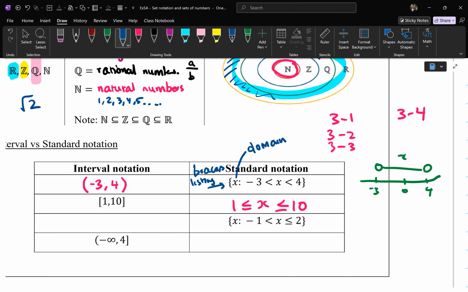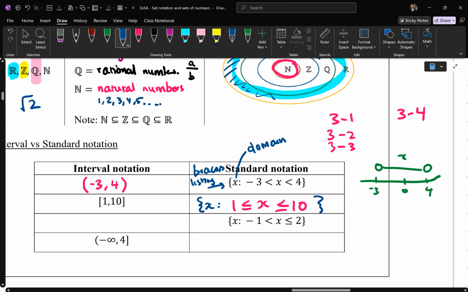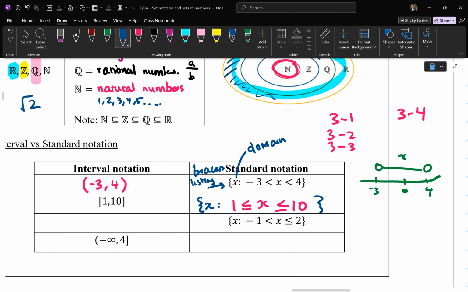That's for the next exercise, 5B. Domain represents all the possible x numbers that you can work with, and then range is all the y values you can work with. All right? So here, if you know this is just the x values, then you would say x colon. You're saying, I'm listing all the numbers that is to do with the x axis, and the numbers are 1 to 10, inclusive of 1 and 10.